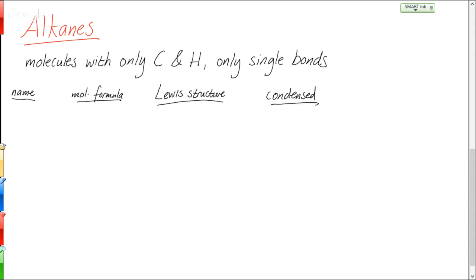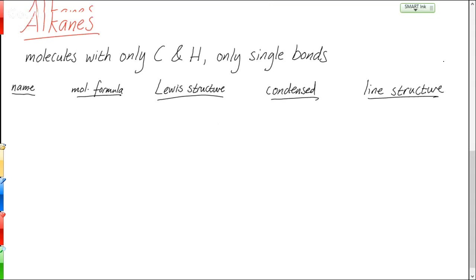We're going to look at the condensed structure or condensed formula. And then finally, the line structure. And these last 2 are the new ones. And I'm not going to explain them quite just yet, especially the last one. We'll see how far we get. We may just work on this more on Thursday. But let's start looking at some of the members of this.